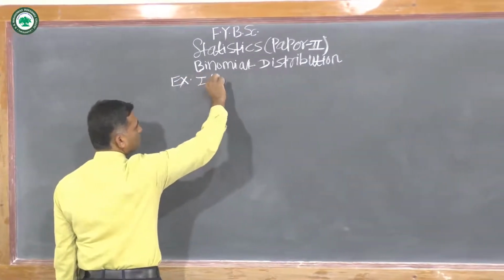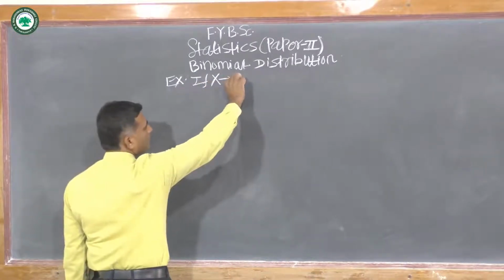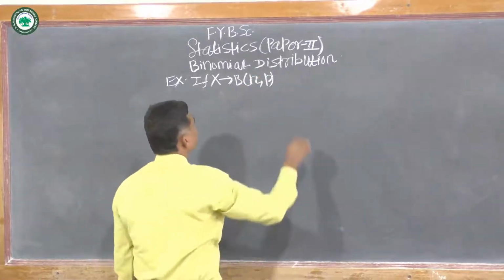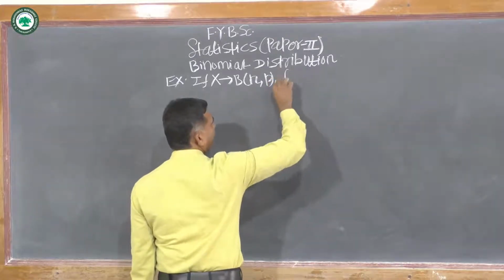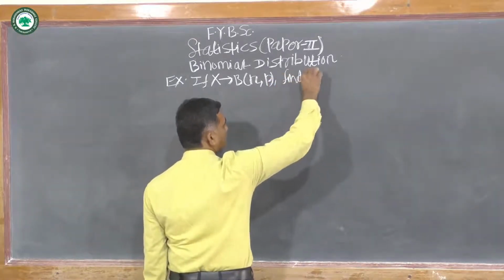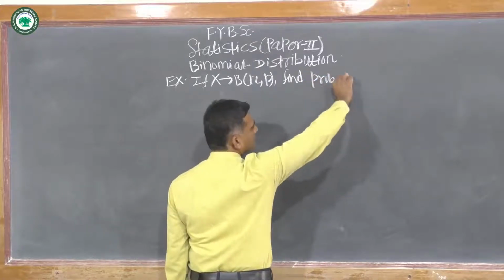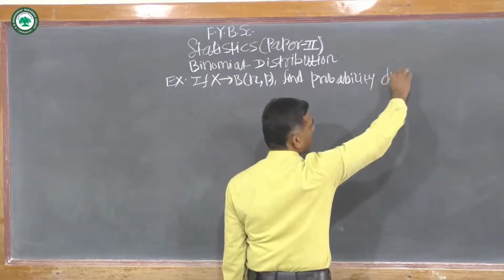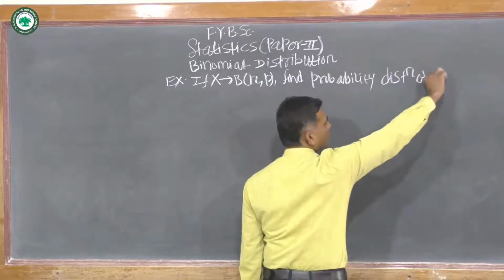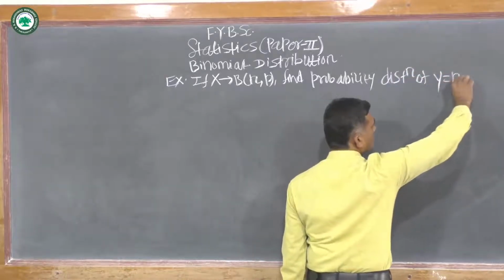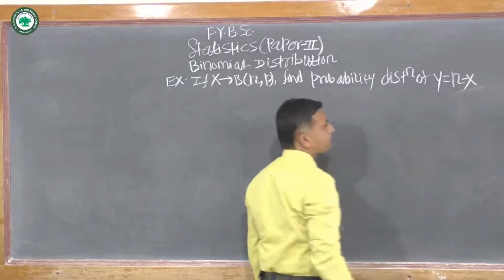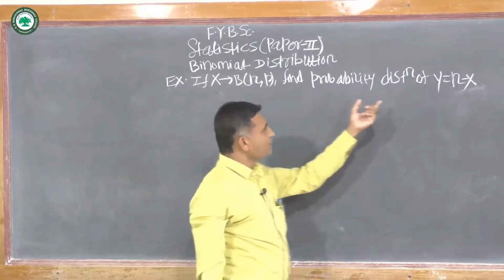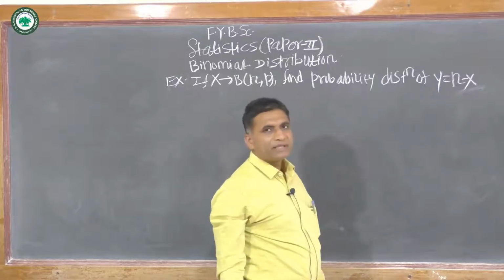If X follows binomial distribution with parameters n and p, then find the probability distribution of Y equal to n minus X. If X follows binomial distribution with parameters n and p, then what is the probability distribution of Y equal to n minus X?